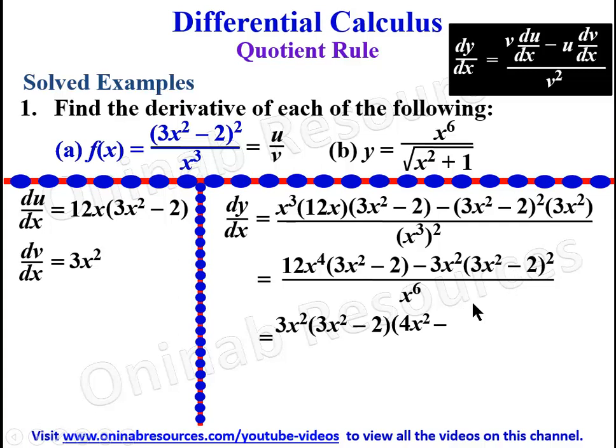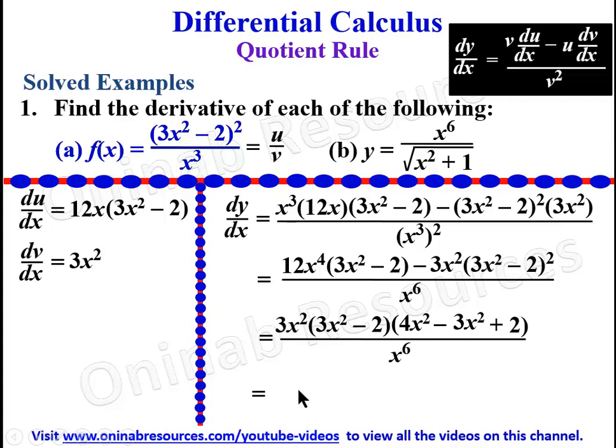So we'll be left with 3x squared minus 2. Bringing it here, this is multiplied by this will give us minus 3x squared. This minus multiplying minus will give us plus 2, all over x to the power of 6. This goes with this, we'll be left with x raised to the power 4 at the denominator.